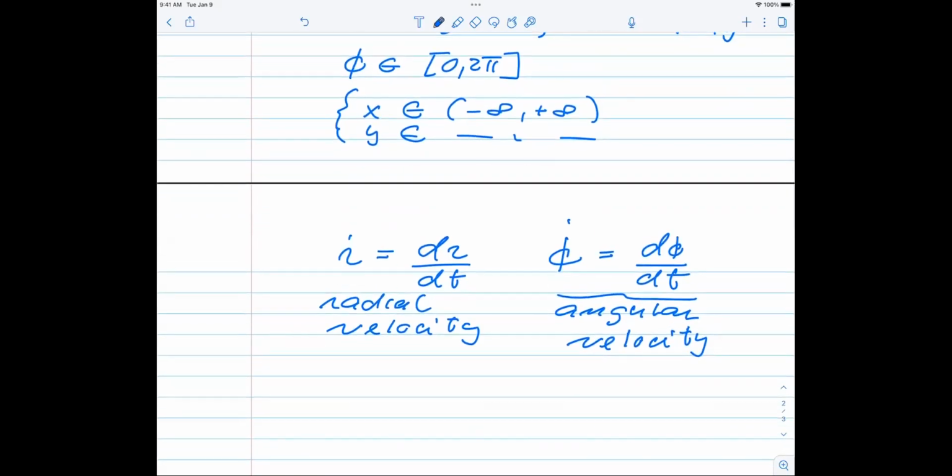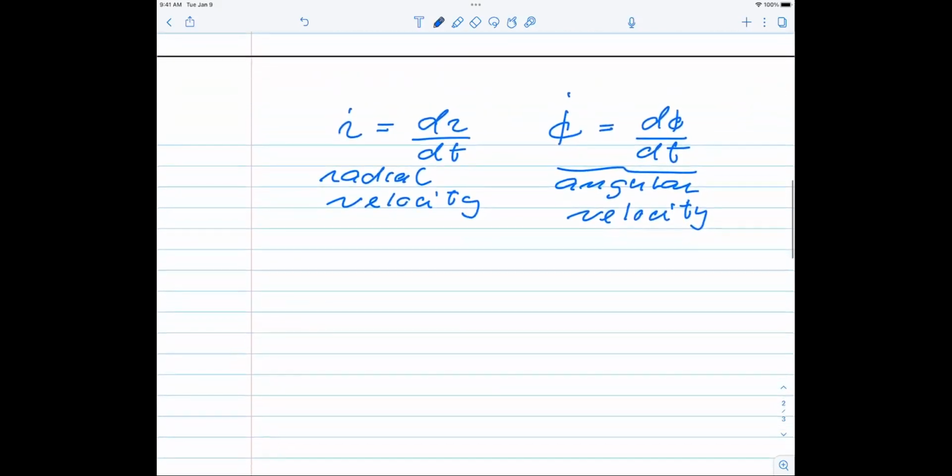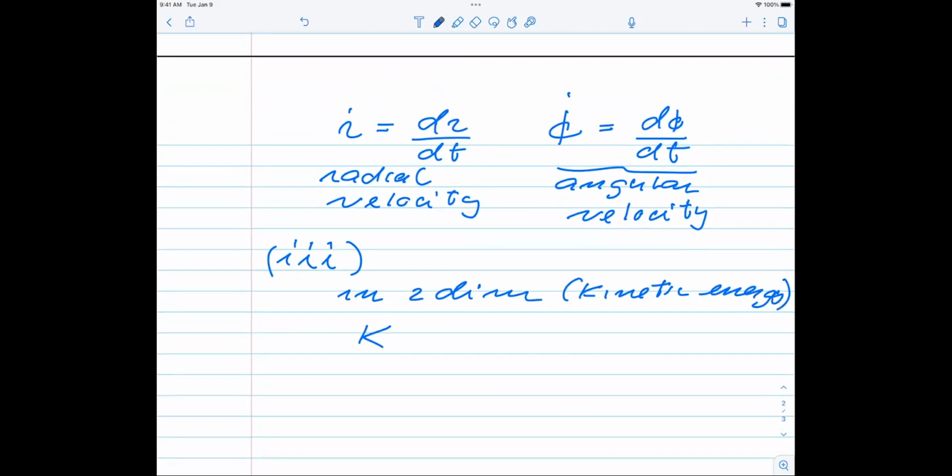Now, another quantity which we derived last time was the kinetic energy in this new basis. So in two dimensions, the kinetic energy, K, so let me remind you that when I use the uppercase letter K, that's the kinetic energy. K in two dimensions you can write out in terms of the velocity in the x direction plus the velocity in the y direction.